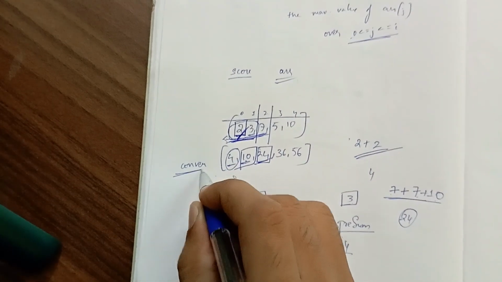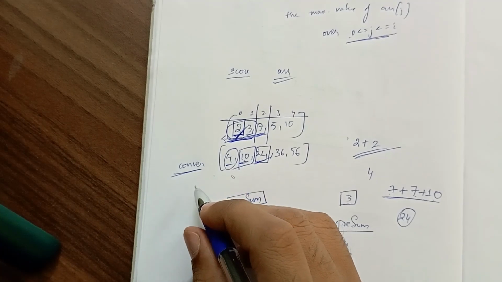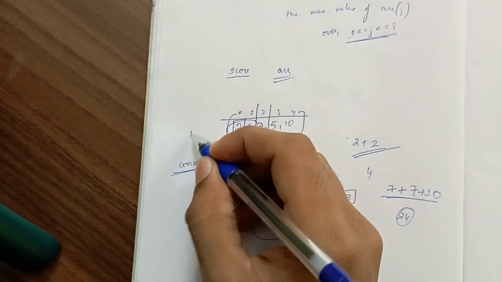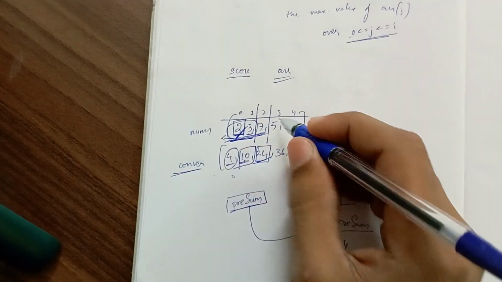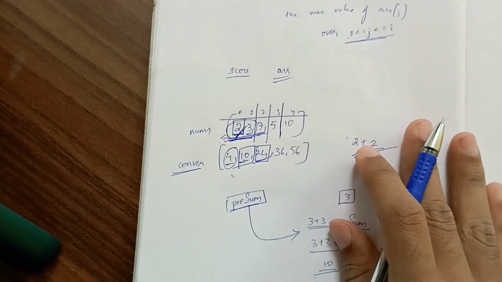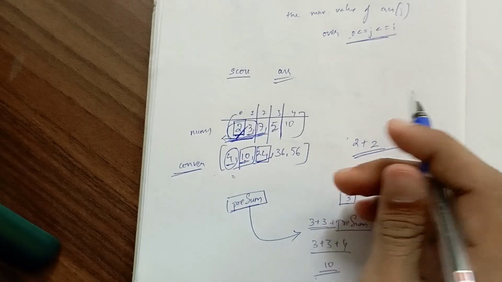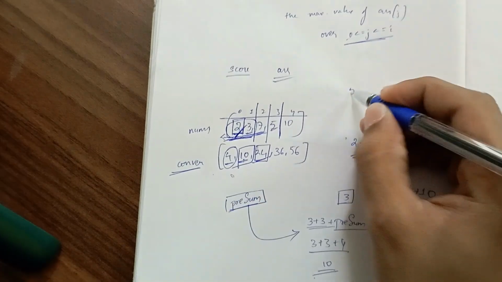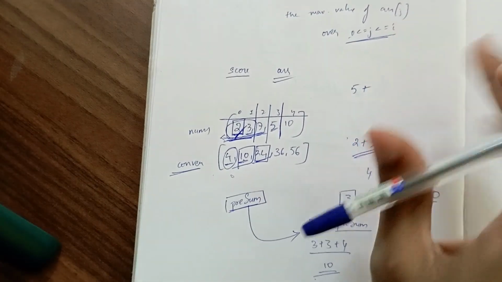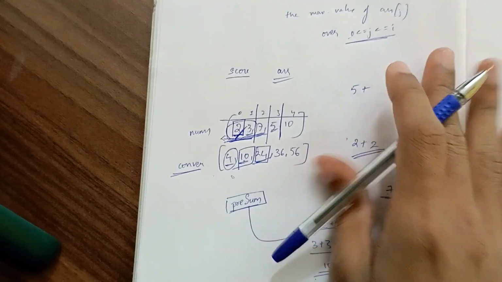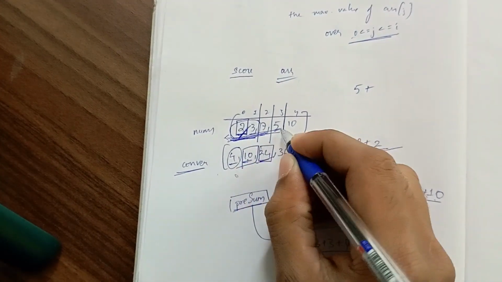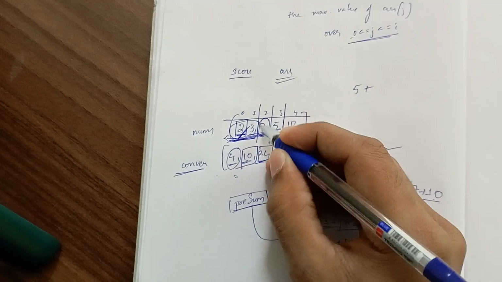I am naming it convert, and then we are given nums. Now take another one, 5. As I said, we need to add 5 and then check what is the maximum up to now. Up to these elements we have a maximum of 7.